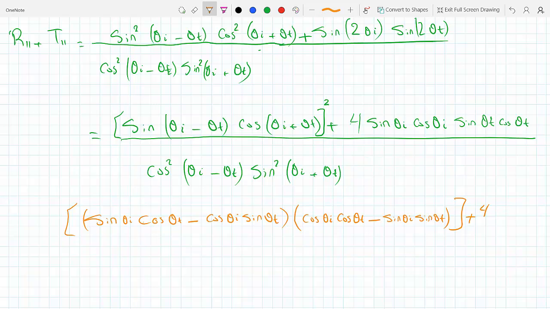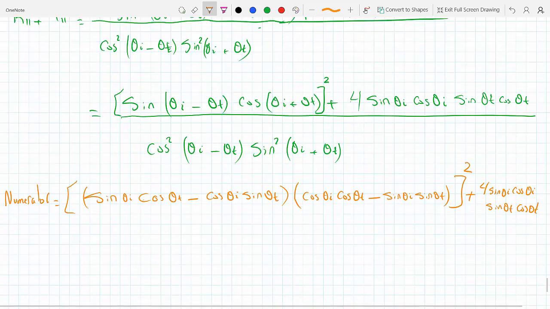So this is the numerator. Okay, plus 4 sine theta I cosine theta I sine theta t cosine theta t. Okay, and there's a square on this whole thing. Okay, so let's multiply this through.